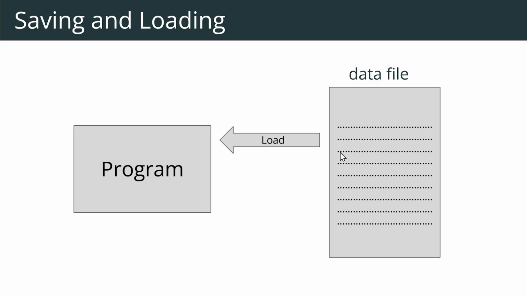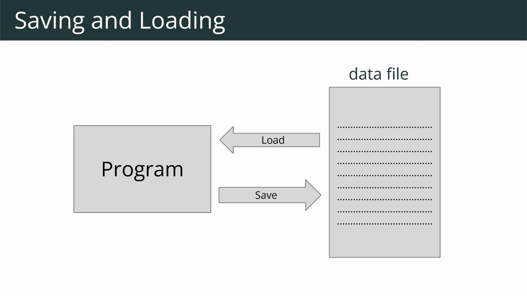And then towards the end of today, we'll talk about saving, which is the opposite, meaning when our program is done, it might be necessary to save the data back into this original file. The reason why is so you can load the program again later, and maybe you'll have the same exact data or same exact progress. So this is a general theme.